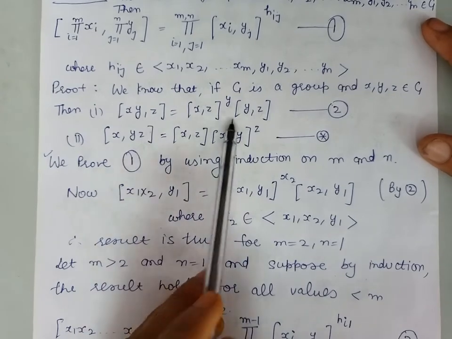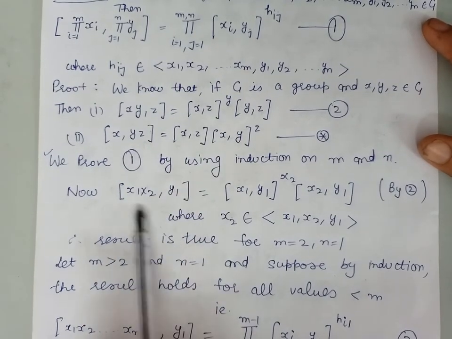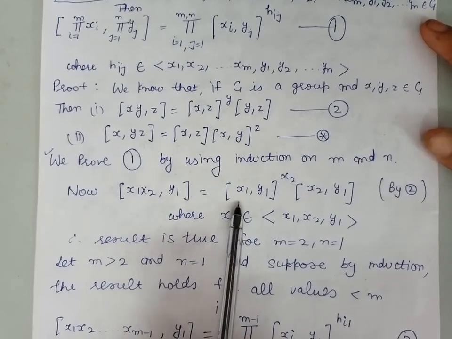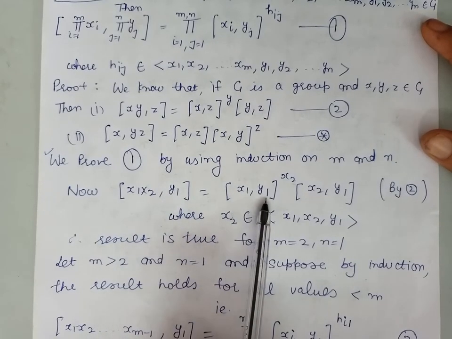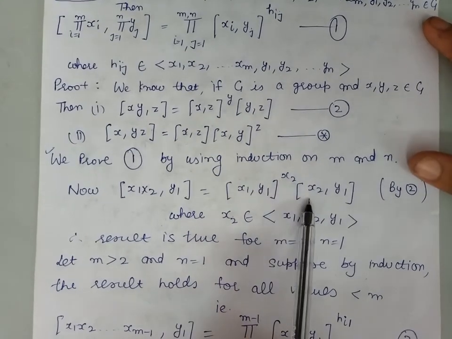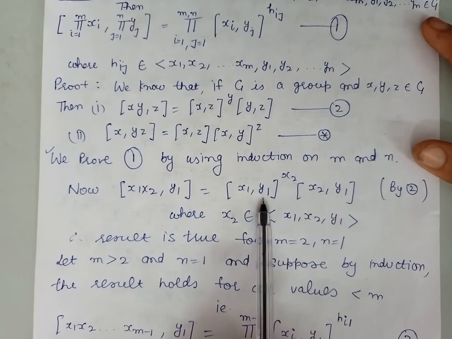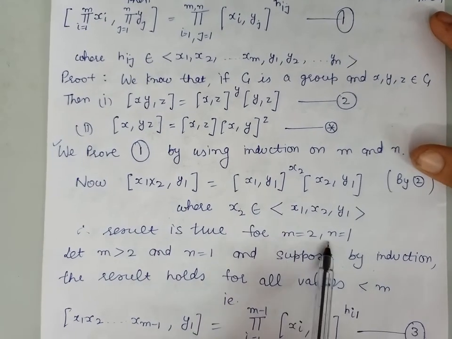So using this identity, this expression will become the commutator of x1 with y1 in the power we have x2, into the commutator of x2 with y1.